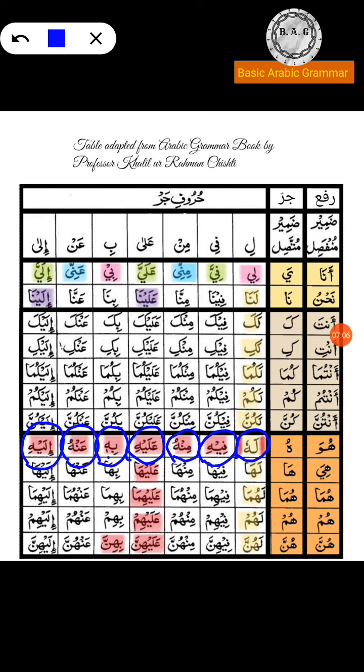So that's something that you can see, that the rules that we have for an are also applicable to min. Similarly, Allah and ilah are the same. Similarly, we have alayhima. Here you have kasra on the ha. Alayhim and not alayhum. Alayhinna and not alayhunna. Similarly, we have bihinna.